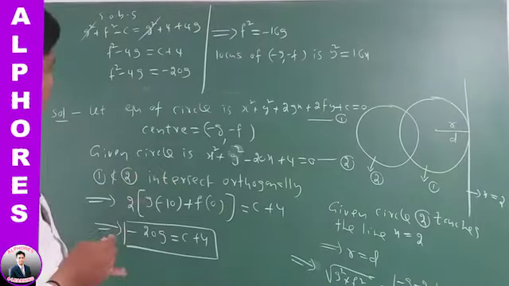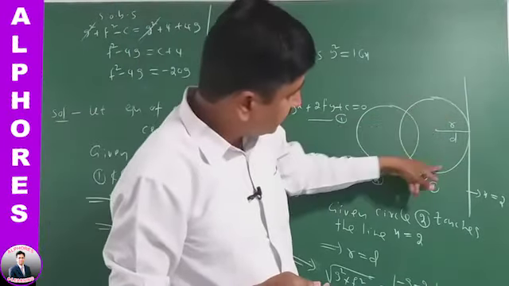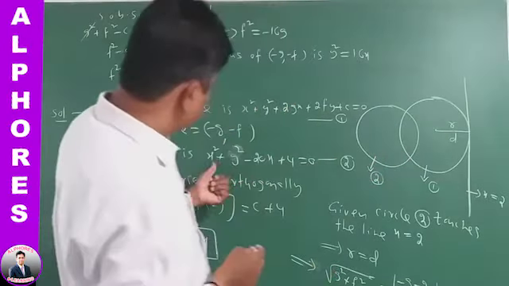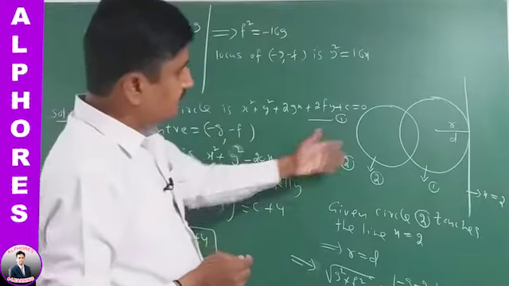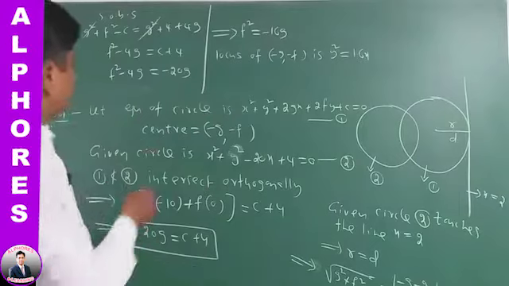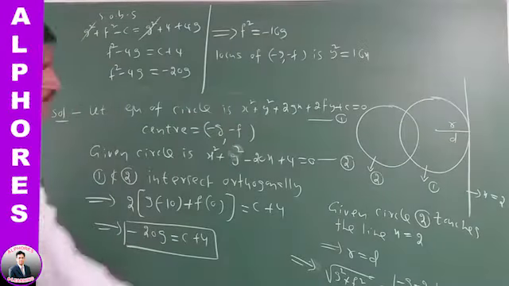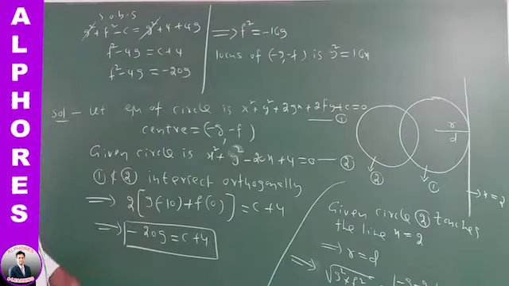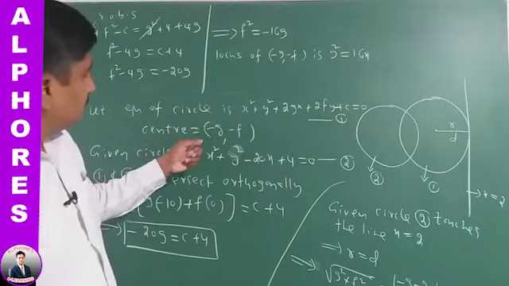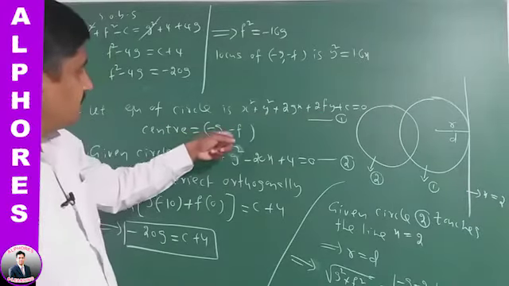Friends, once again, your question: the locus of the center of the circle which cuts x² + y² − 20x + 4 = 0 orthogonally and touches the line x = 2. Let the equation of the circle be x² + y² + 2gx + 2fy + c = 0. The center of the circle is (−g, −f), and the locus of this center is required.